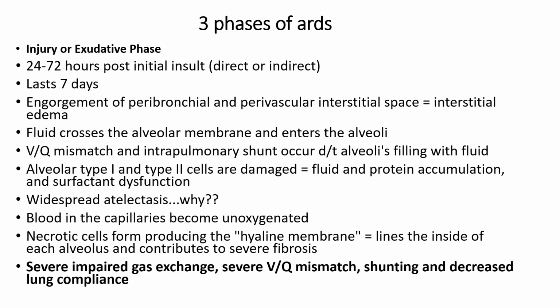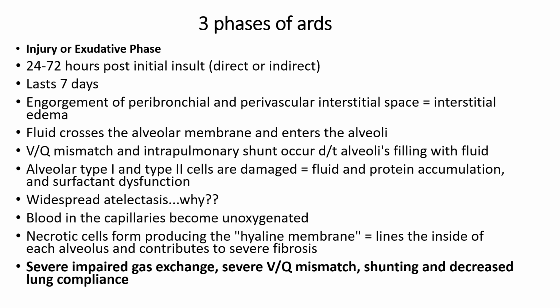The type 1 cells are responsible for gas exchange, and type 2 cells produce surfactant, which keeps the alveoli open. When these cells are damaged, we lose both effective gas exchange and surfactant function. Without surfactant, the alveoli become sticky and start to collapse, which gives us widespread atelectasis.